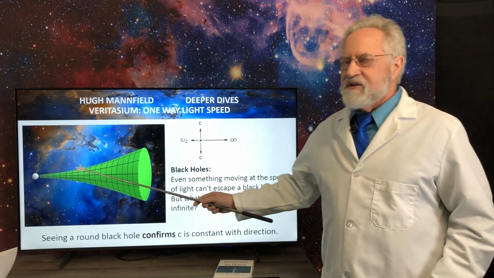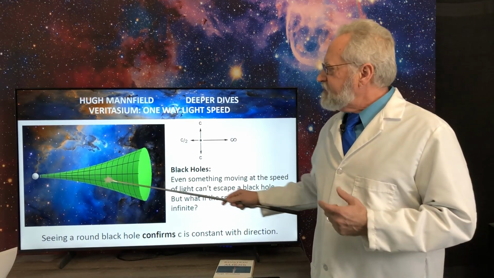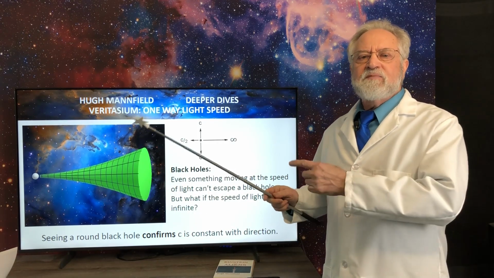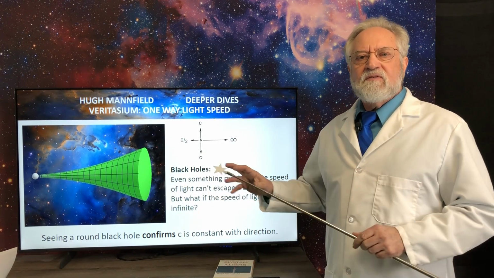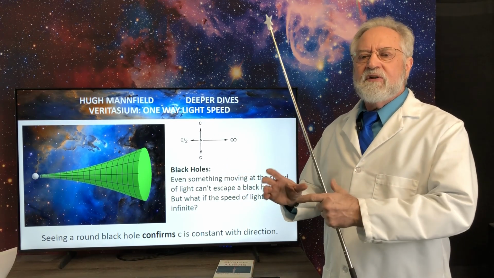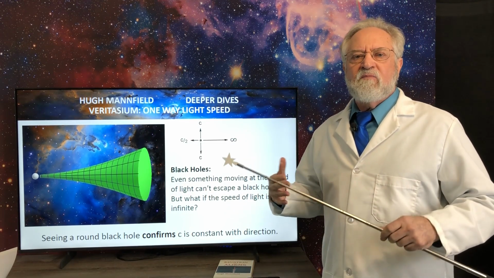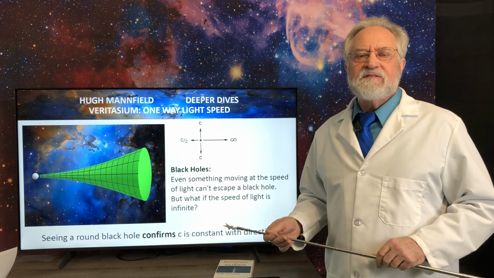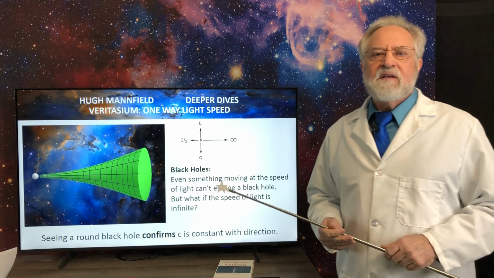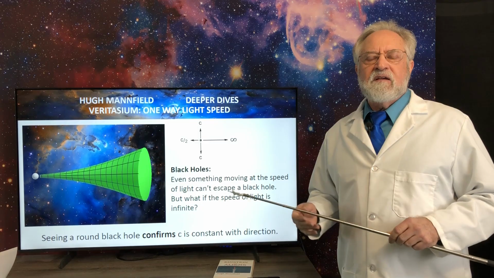So what you would end up with is a black hole that has a bright side and then presumably maybe even a darker side on the other side. Anyway, it would be lopsided, and something orbiting the black hole would follow a non-circular path. I mean, the black hole would be oblong. It would be open on one side and closed on the other. And what we've made of observations of black holes, this just isn't the case. They seem to be pretty round, which argues against the one-way speed of light varying with direction.